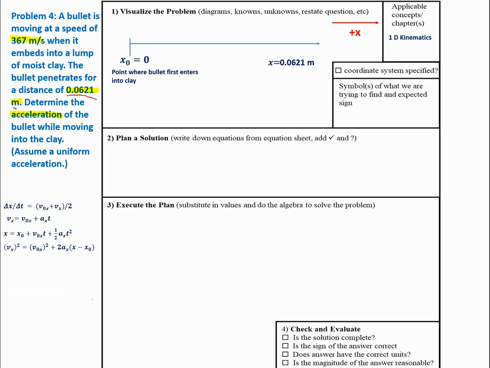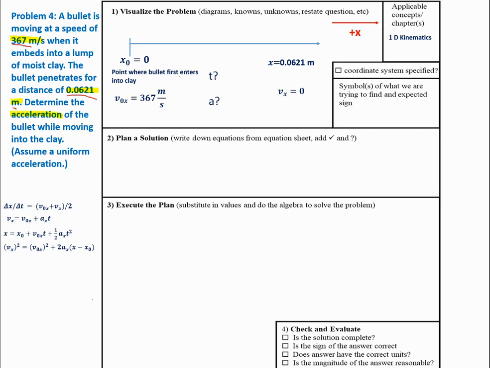The initial velocity is 367 meters per second, and the final velocity, as I stated earlier, is 0. The two unknown variables are the time interval and the acceleration of the bullet.